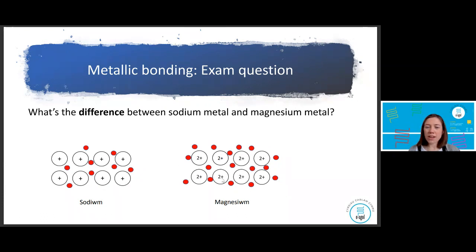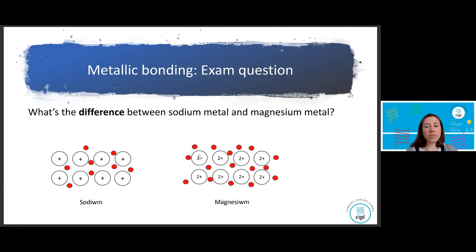Now, the difference for magnesium, well, hopefully you can see we've got double the positive charge for each of these ions, and that means you've got double the number of electrons surrounding those ions, because each one of those atoms has lost 2 electrons for magnesium rather than 1 in sodium.